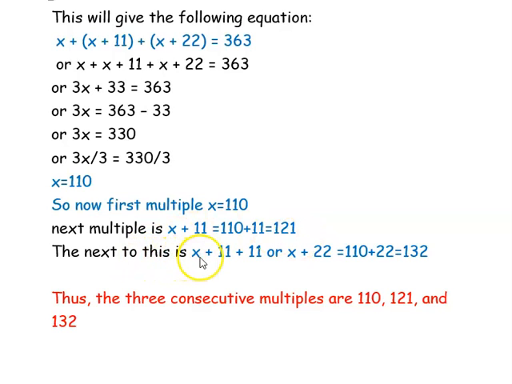The next multiple we have taken is x plus 11 plus 11 or x plus 22. So here x is 110 plus 22 equal to 132. Thus the 3 consecutive multiples are 110, 121 and 132.